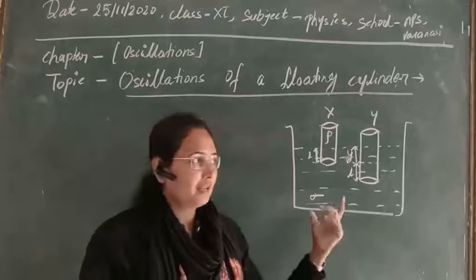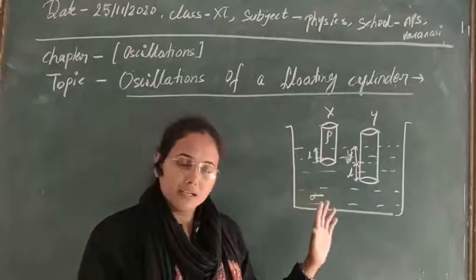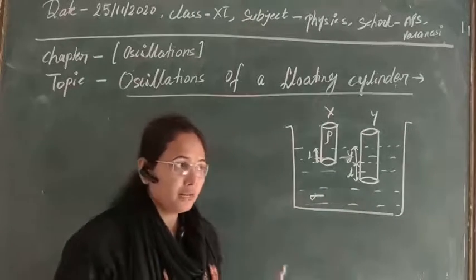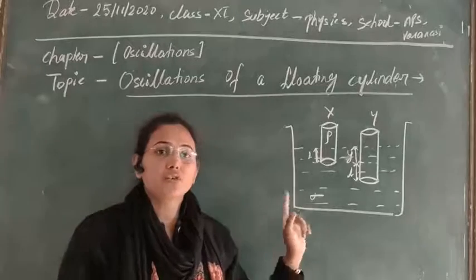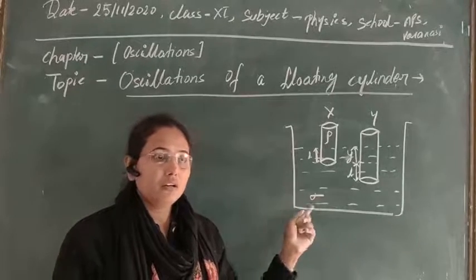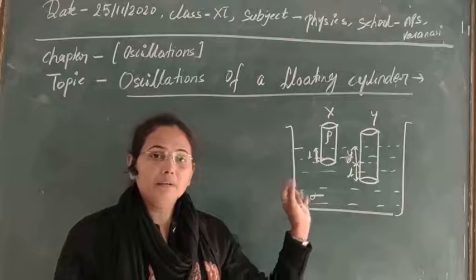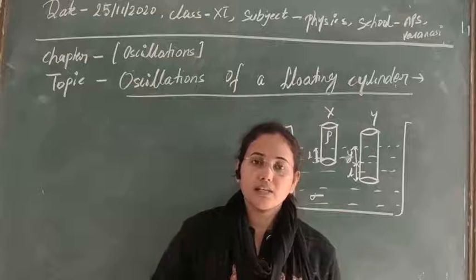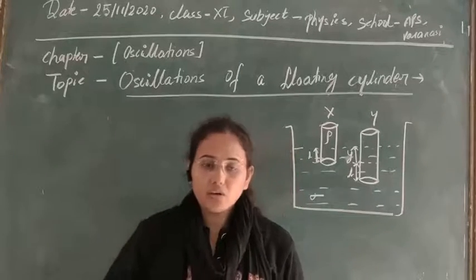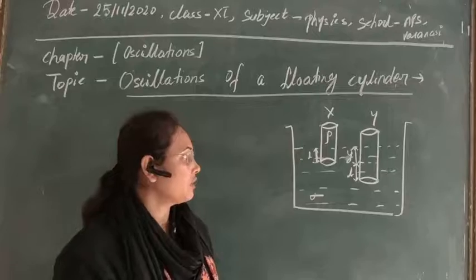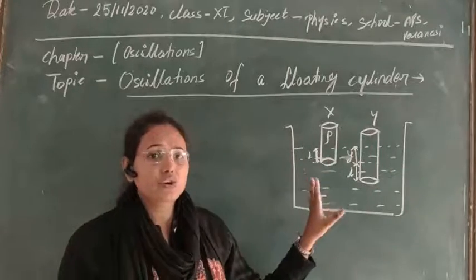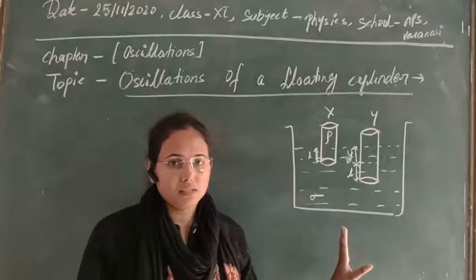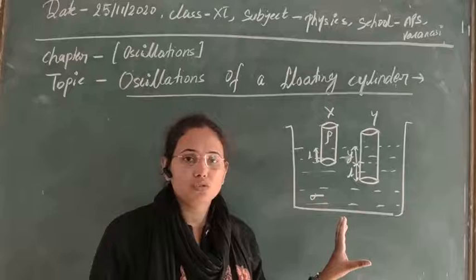You know that they cannot really be at rest, but we still take that case, because if the liquid were in motion, then due to its viscosity it would start to damp the motion of the system, and the case would be that of damped harmonic oscillation. Here we are not talking about damped harmonic oscillation, we are going to see the case of simple harmonic motion. That's why we take the whole liquid at rest.